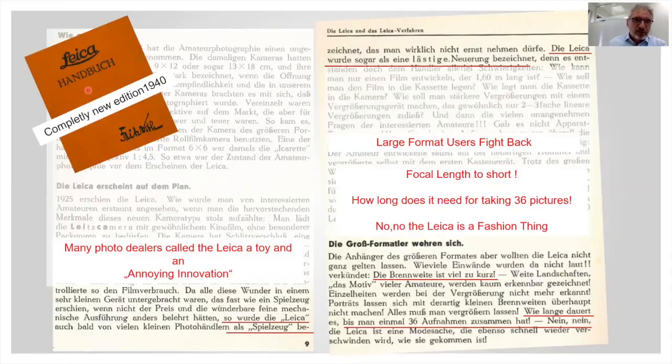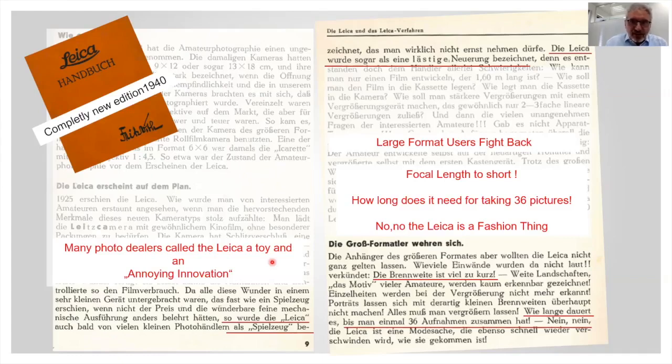He had a new edition in 1940, 15 years after the introduction of the 35 millimeter format. He gave some retrospective aspects about the beginning of the 35 millimeter format era, how the customers and the dealers judged this system as an annoying innovation, and large format users fought back.